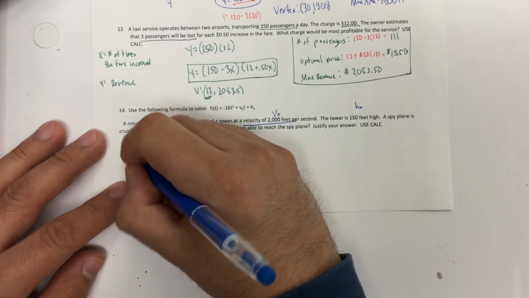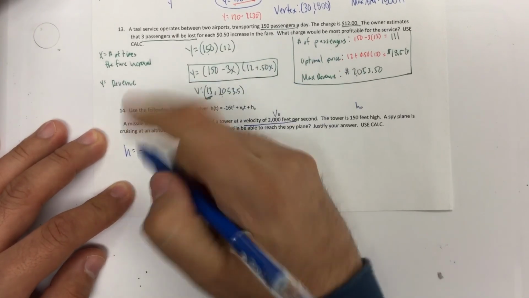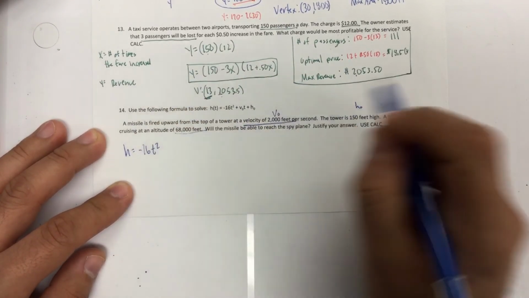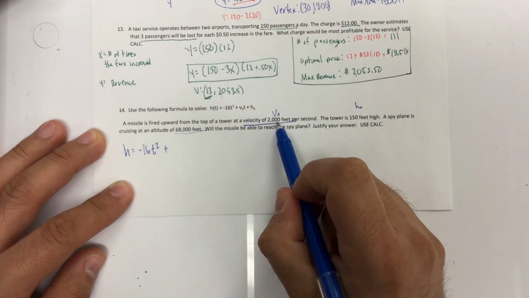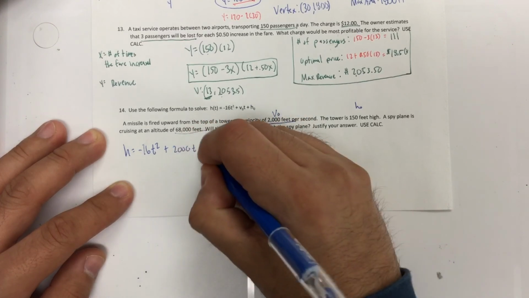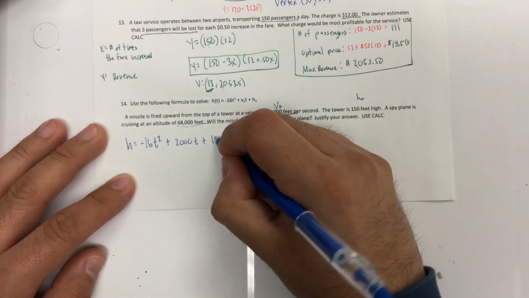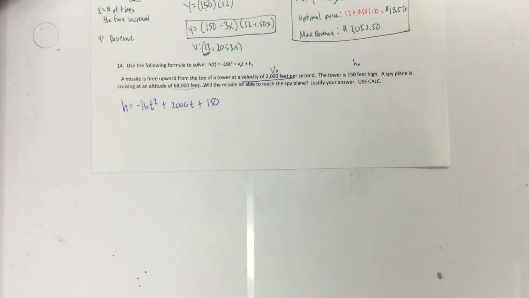So first, let's come up with the equation. Negative 16t squared plus our initial upward vertical velocity of 2,000 feet per second, so 2,000t, plus our initial height of 150. So now we're going to find our vertex, and that's going to give us our maximum height here.